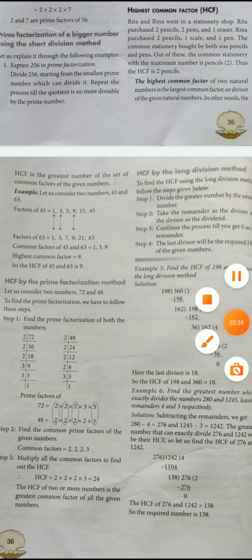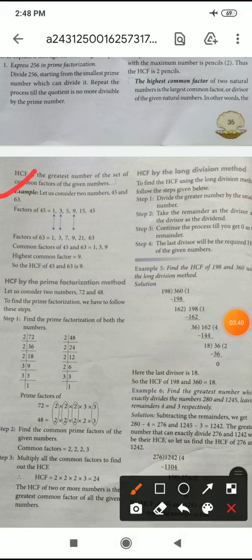For example, children, you see, factors of 45 and factors of 63. You first find out all the factors of given numbers. Then which are common you find out. 1, 3 and 9. And you mark which is the highest common factor. That is 9. So here HCF of 45 and 63 is 9.